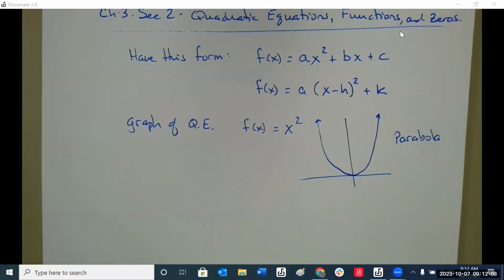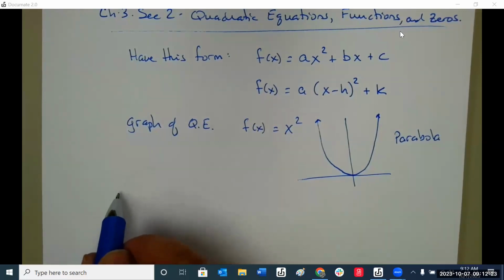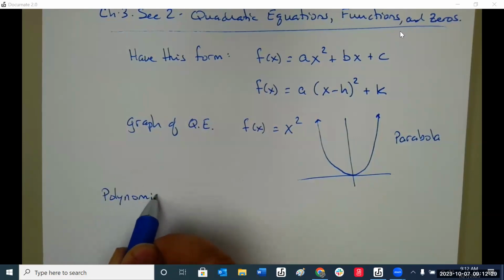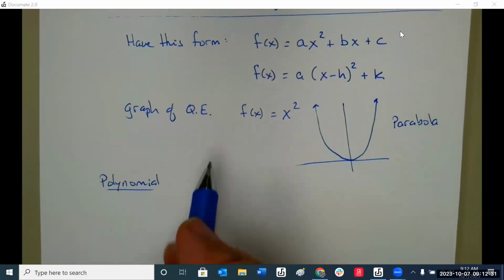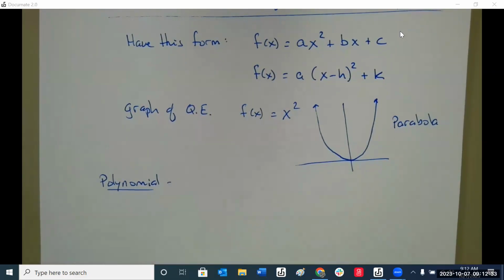In this course, I want you all to get to a point where you could look at the equation and tell me, just looking at it, what kind of graph it's going to be, how many solutions we can have, what's the shape of the graph. In any polynomial simply means a large equation.